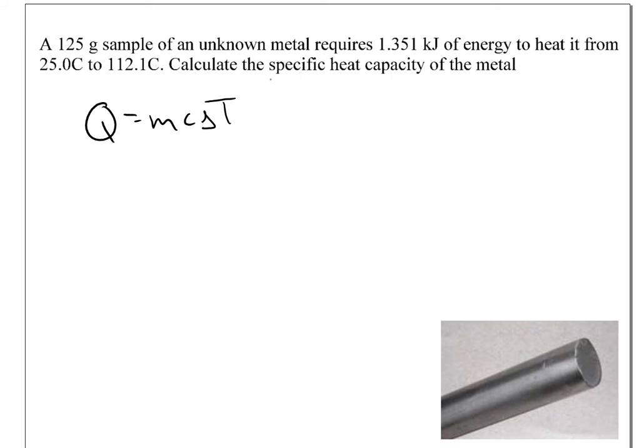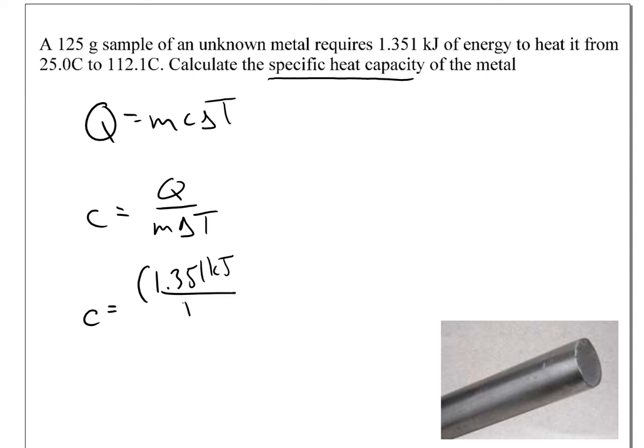I strongly encourage you to solve for the missing variable first by rearranging the equation, and then go through and plug in some numbers. Specific heat will be equal to 1.351 kilojoules, which we want to convert to joules, 1,000 joules per kilojoule.